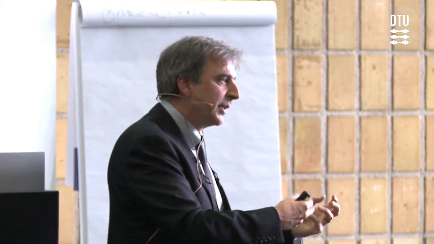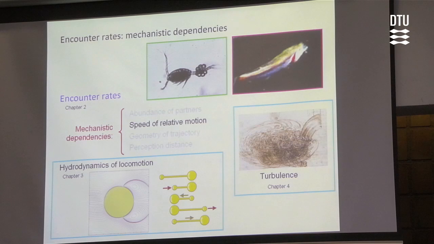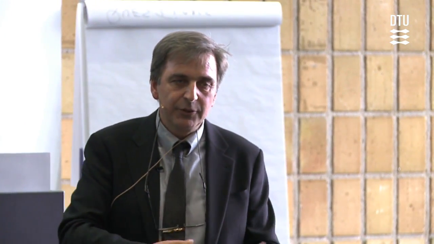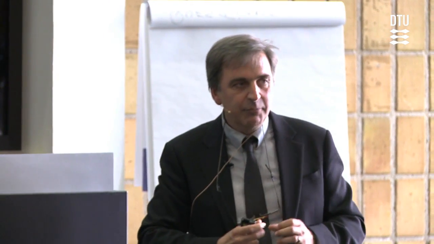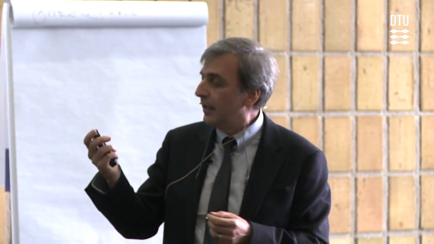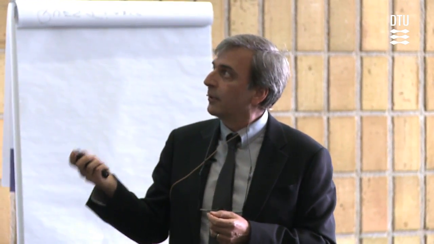How do these little critters, how do these animals actually move through fluids and interact and bump into each other? The other aspect that's really important is turbulence. They live in a fluid environment, and the fluid environment is subject to turbulence at one level. It's the cascading of energy from various sources down into microscales, and that has an impact on how organisms move relative to each other.